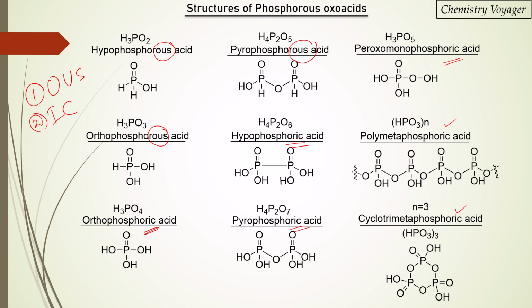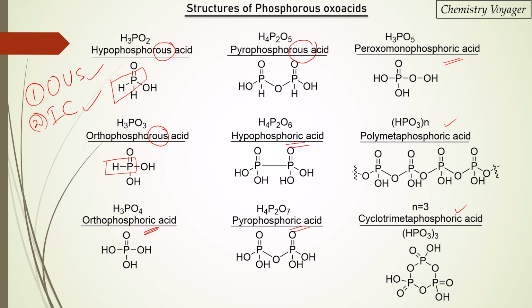Let us now try to get the basic difference between the ous acid and ic acid. The main difference is that ous acids are the ones which have at least one P-H bond. This is hypophosphorous acid, which has one P-H bond. Also this is orthophosphorous acid, which has one P-H bond.